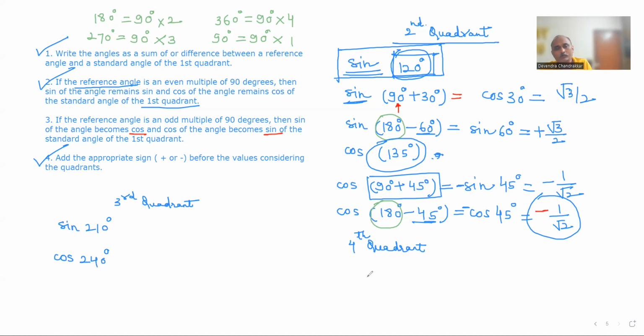For fourth quadrant, find sine of 330 degrees and cos of 300 degrees. All of you, please find it quickly. You have 5 minutes to go. 5 is too much actually. You have 2 minutes to go. Do it quickly.